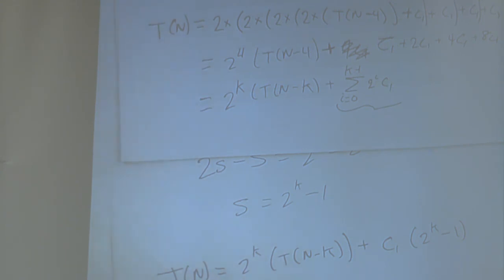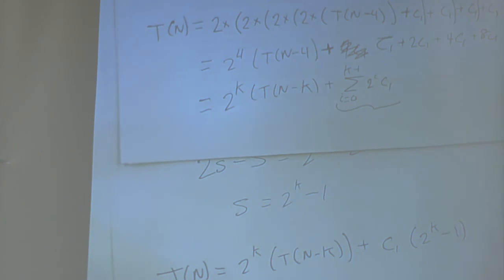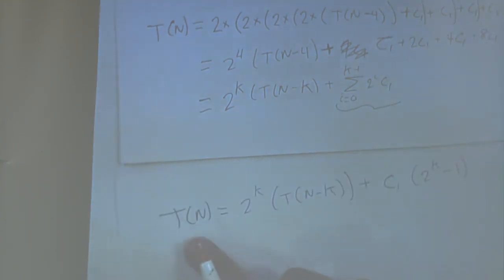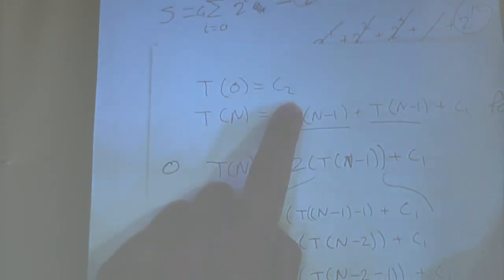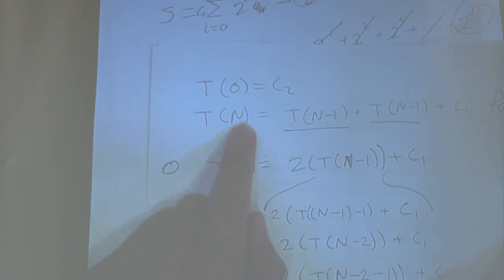So we want to remove the k's and get our T of n equation into a function of n, not k. We know from the base case that T of 0 gives us C2. So let's try to make this become 0.